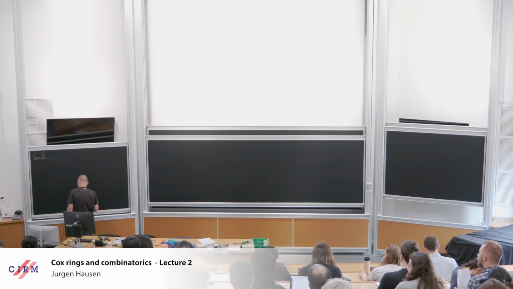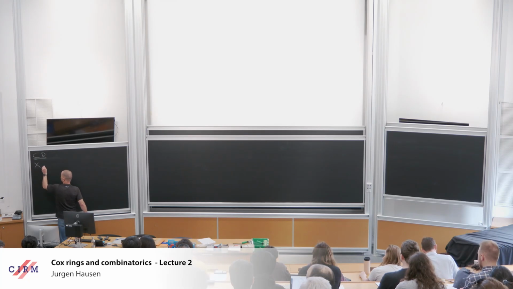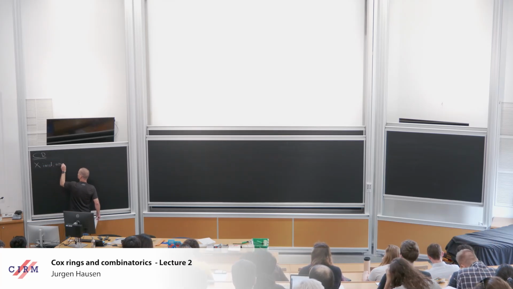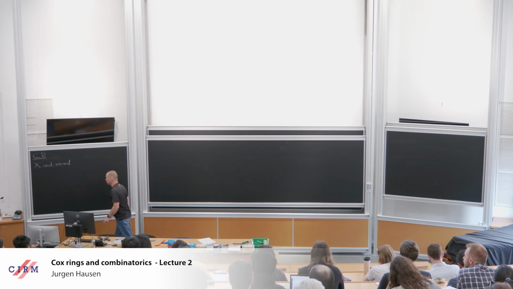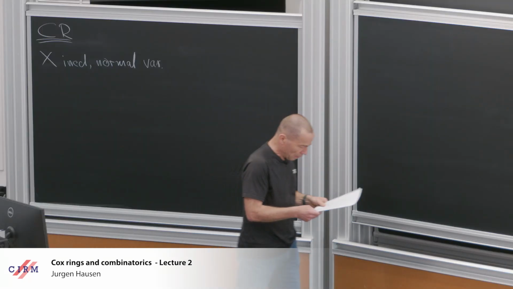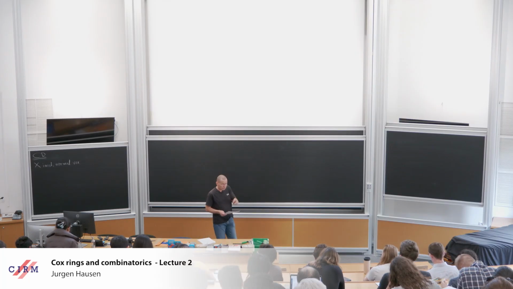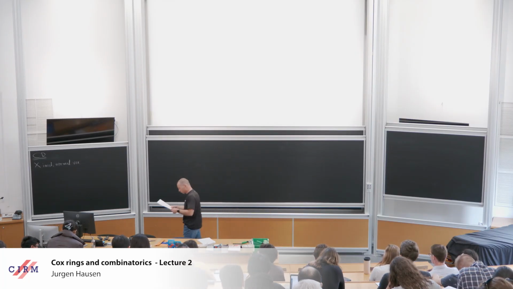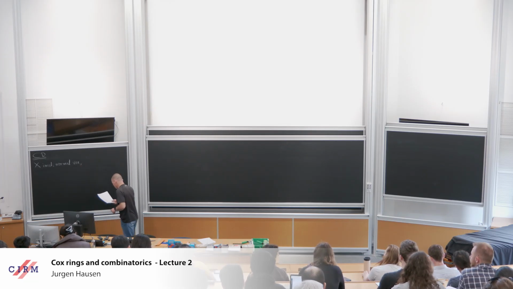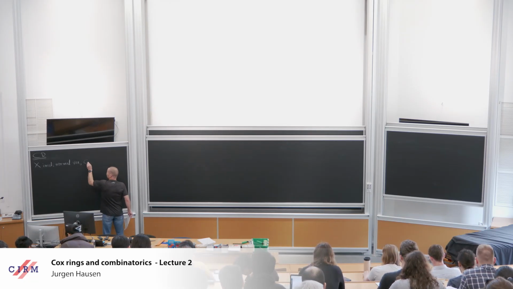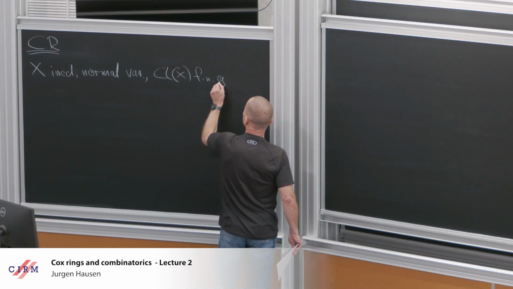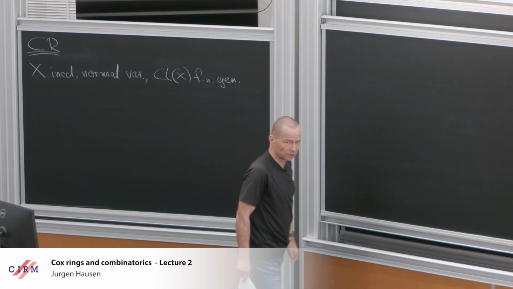In this talk, what I want is X an irreducible normal variety, and not necessary for everything, but a general assumption for the whole section. I want that the divisor class group is finitely generated.